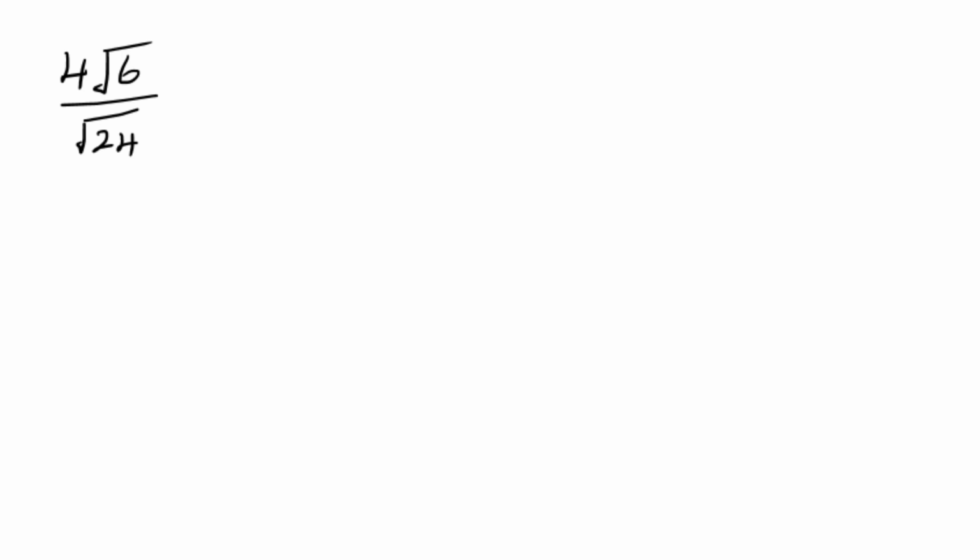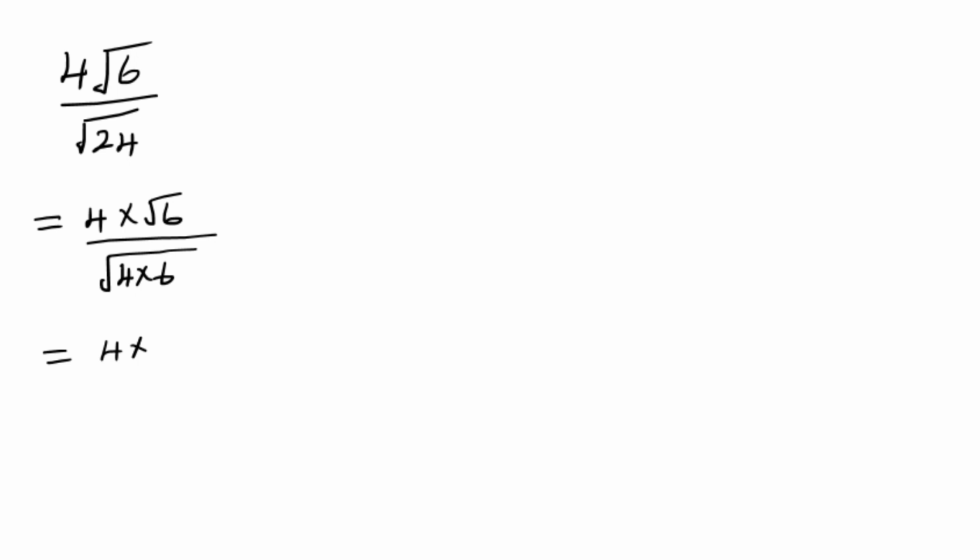Alright, so we can rewrite this as 4 times the square root of 6 all divided by the square root of 24, which can be expressed as the square root of 4 times 6. Okay, so let's break them.